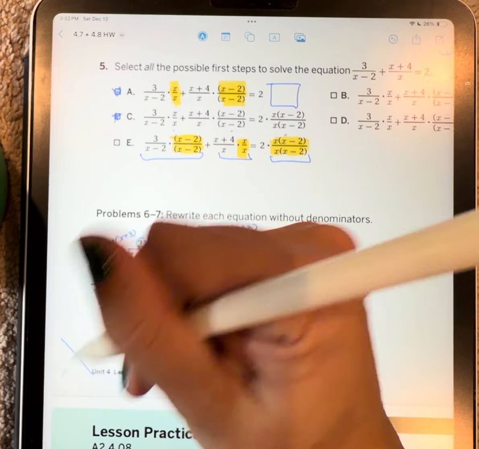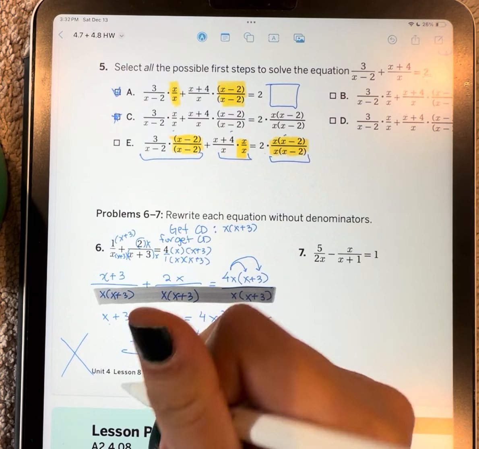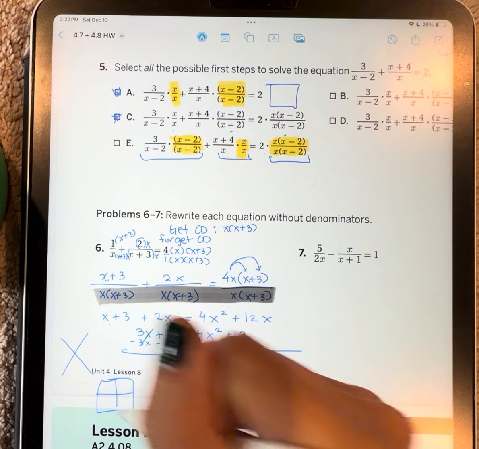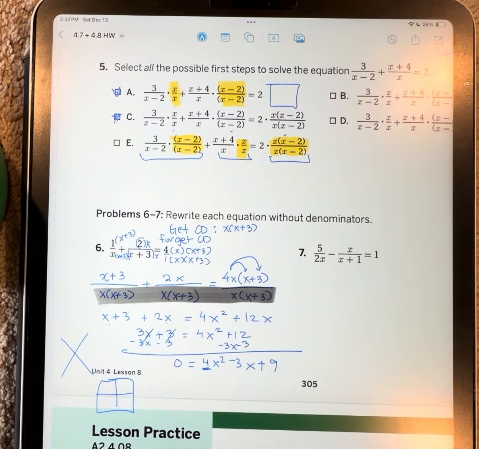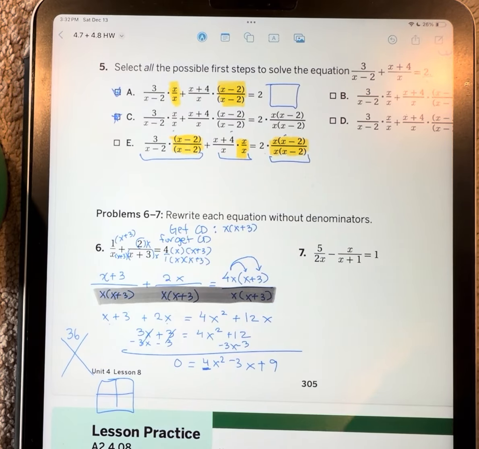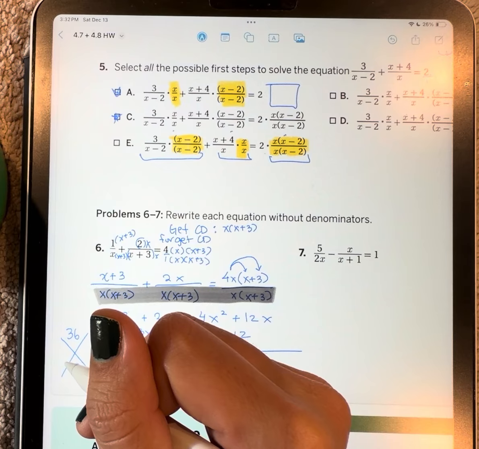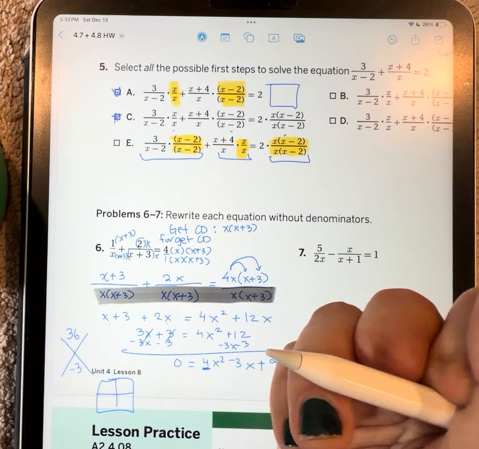And this is unfortunately the kind of factoring that involves this and this. Okay, so we're going to have what? 4 times 9 is 36. What multiplies to 36 and adds to negative 3? And it's going to be... what's it going to be?